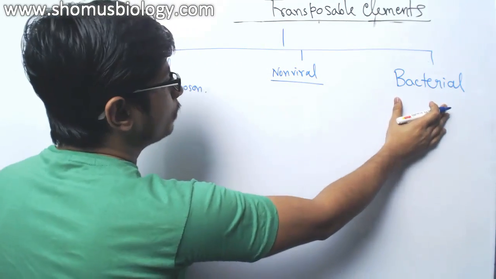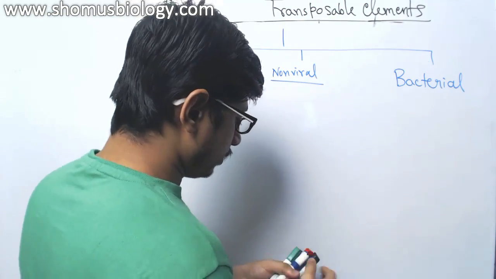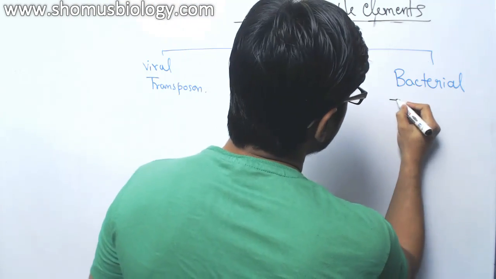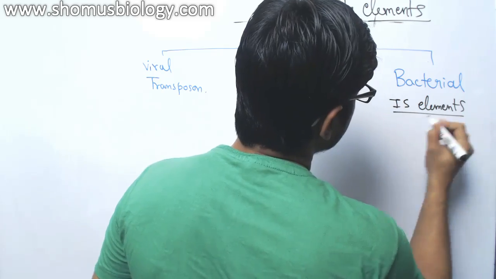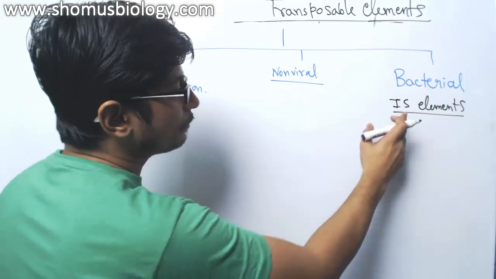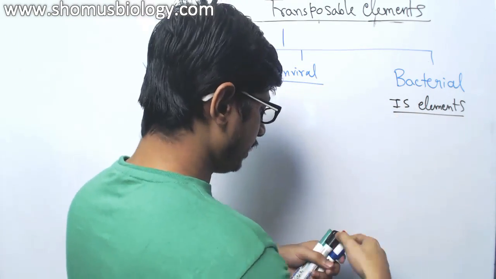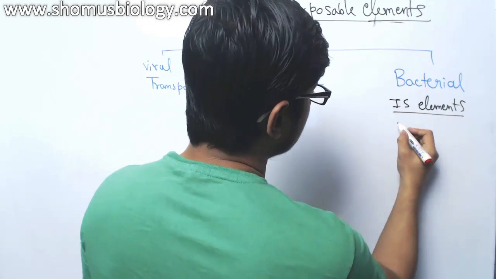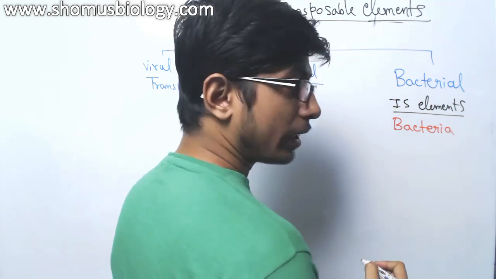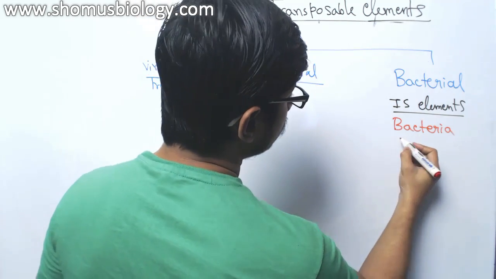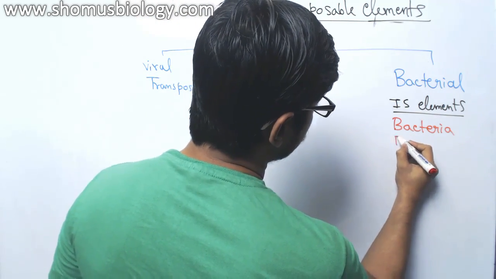In the bacterial group, the elements that we know are known as IS elements. These IS elements are part of the bacterial group. This is found in bacteria. Let me write where we find these IS elements. We find them in different bacteria. We also find them in Drosophila.